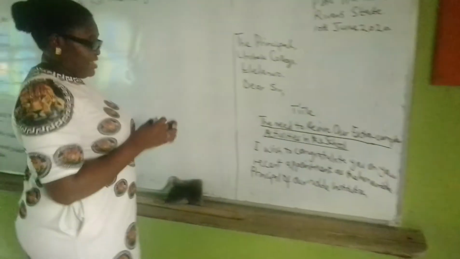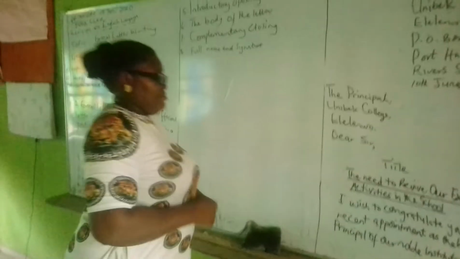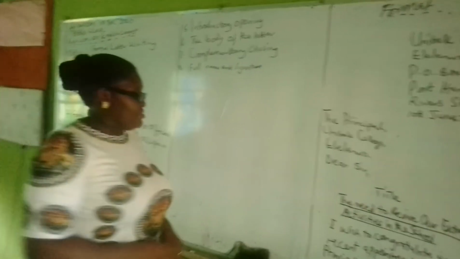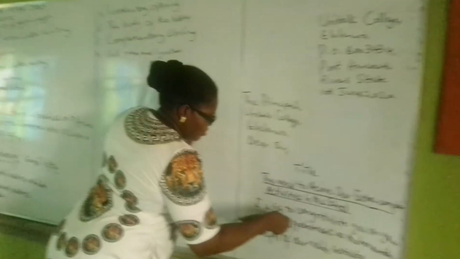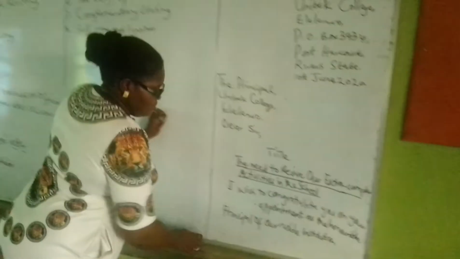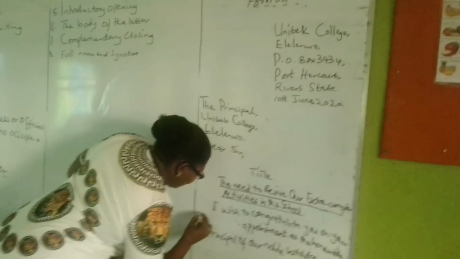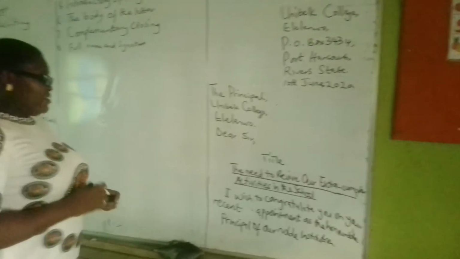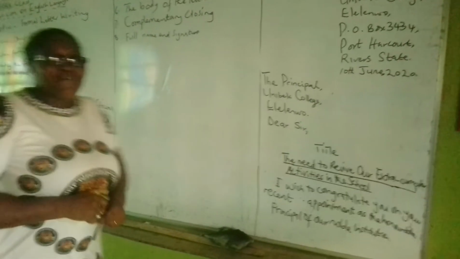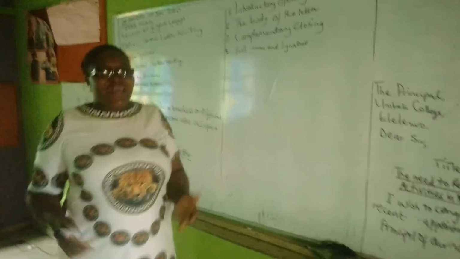You can decide to start this way. If you start like that, you are not wrong. You have not really shown or exchanged pleasantries. Some people exchange pleasantries by asking, how are you? How is your family? How are your children?